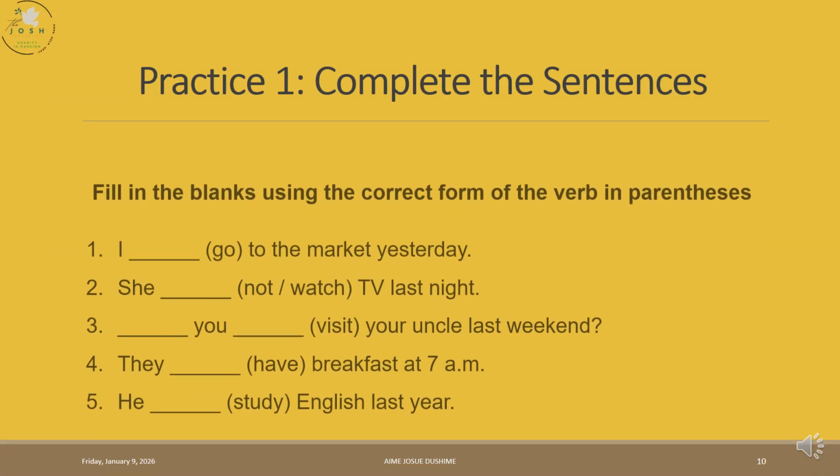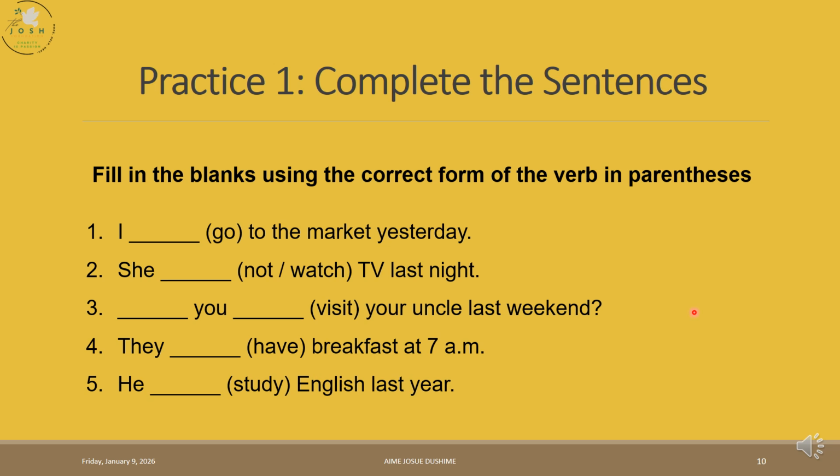Let's do the assignment that we have here. I dash to the market yesterday. She dash TV last night. You visit your uncle last weekend. They dash breakfast at 7 a.m. She dash English last year.